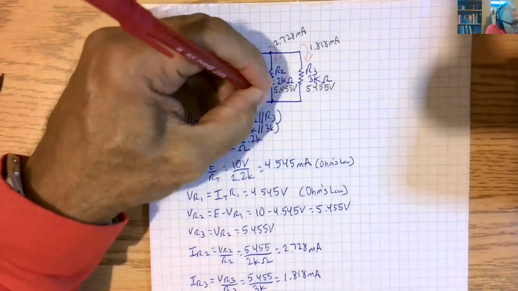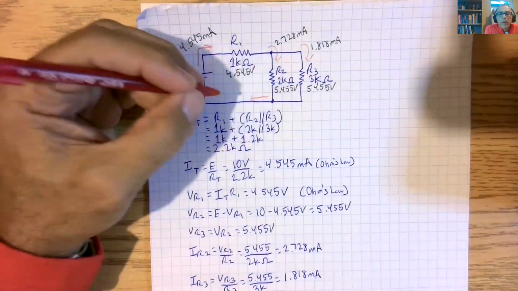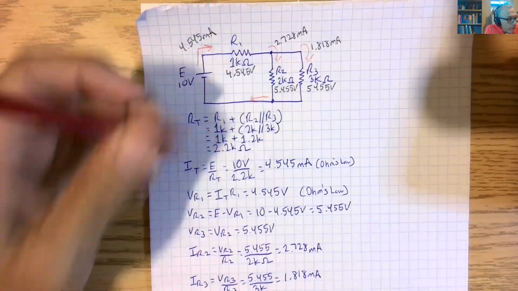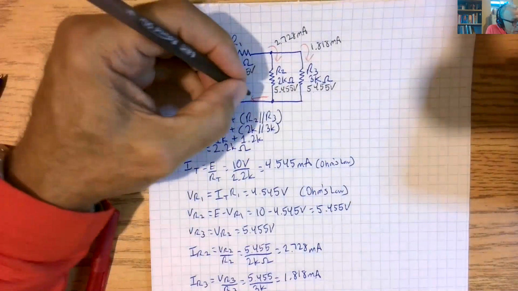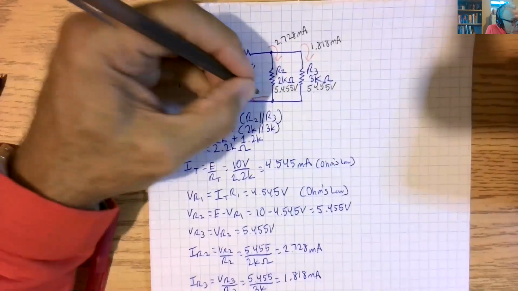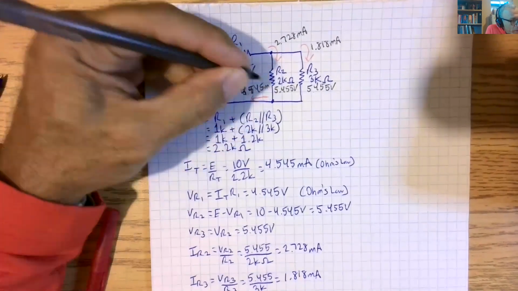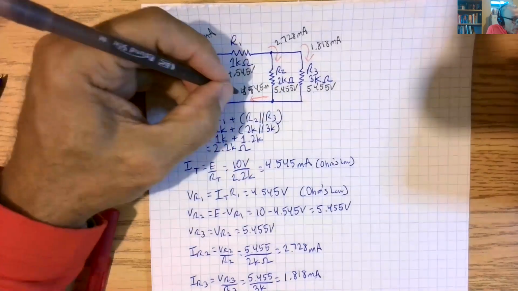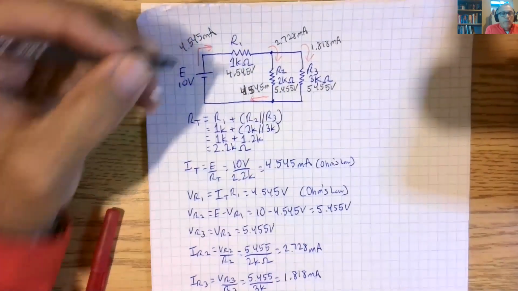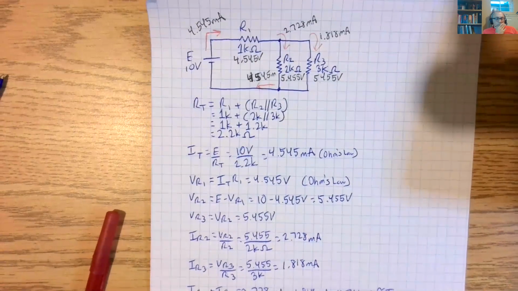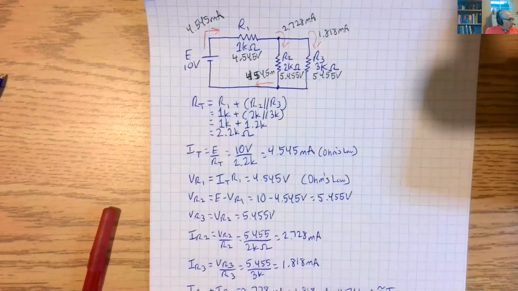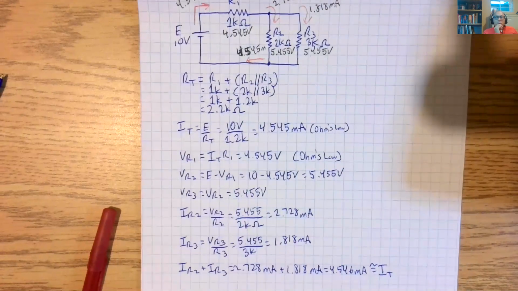So like I said, when the current comes out over there, it is 4.545 milliamps. Okay, so that all works out. If you need to go over that again, stop the video and rewind it, and just to review it one more time.